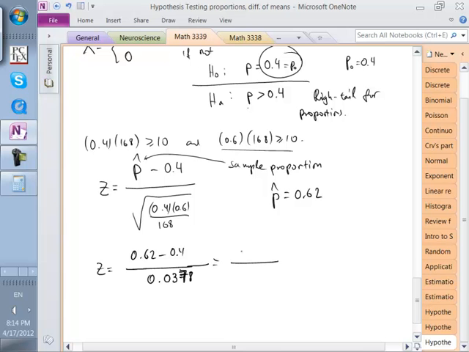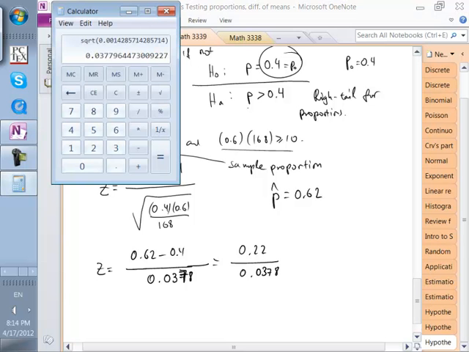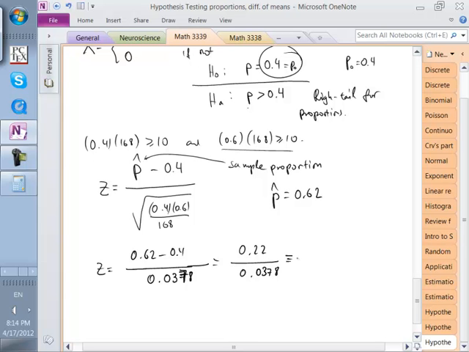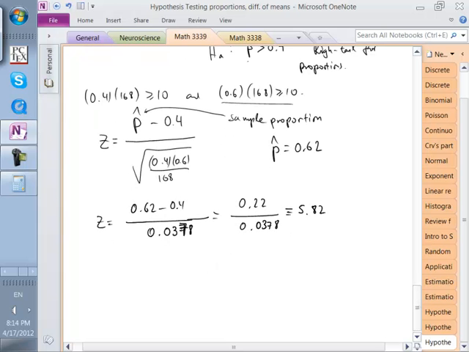So we have 0.22, that's about 5.82, so it's a huge number.